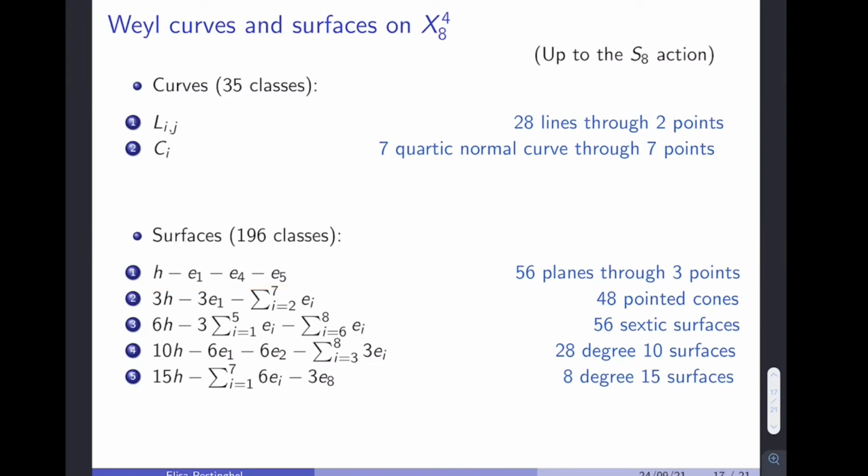And then I have a cone over the rational normal quartic, which somehow generalizes the cone over the twisted cubic. And then I have 3 more types of degree 6, 10, and 15 that I really have to say I don't understand geometrically, but they just appear to be there in the orbit of a plane. So they form one single orbit.